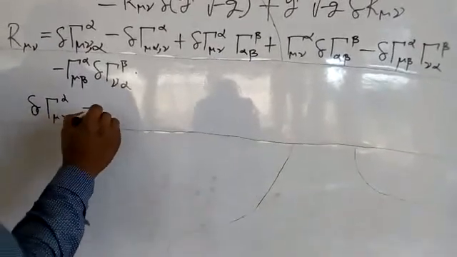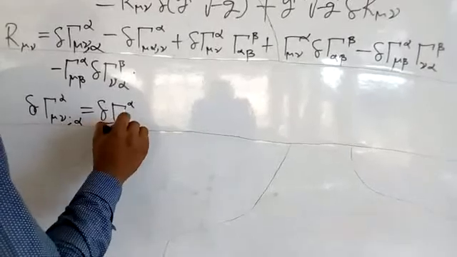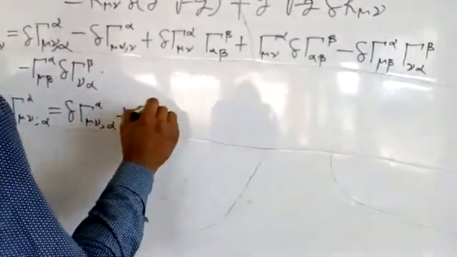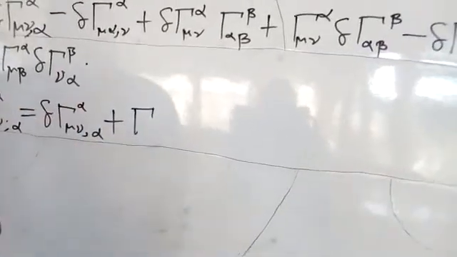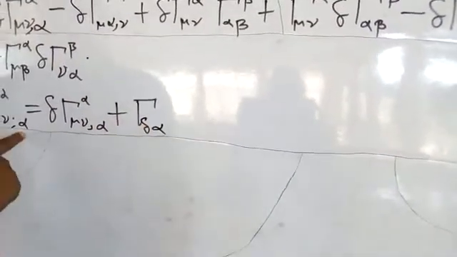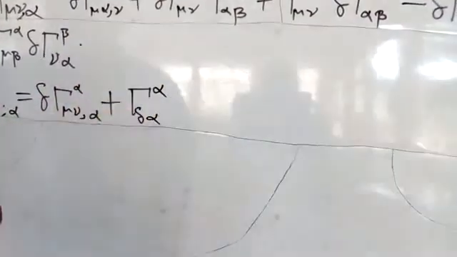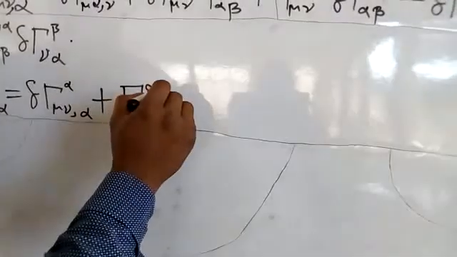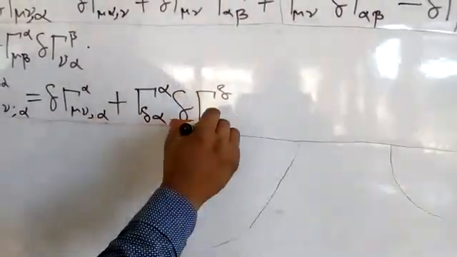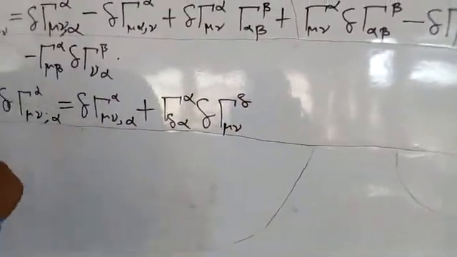This will give me, for instance, just the partial derivative with respect to x alpha, plus I have a Christoffel symbol. I intend to contract alpha, so I use delta, but then again I'm differentiating with respect to x alpha. What I'm contracting is alpha, so I bring alpha over here. And now I'm going to have the variation here, delta, with that which I'm contracting, I have mu nu. So I've contracted the first index on top.